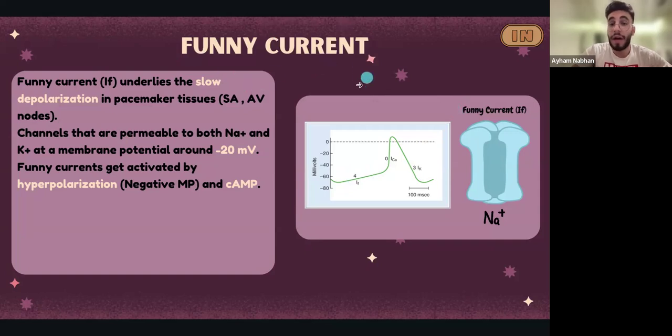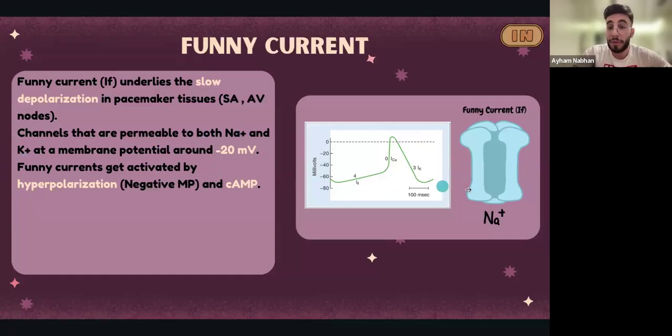These channels are permeable to two ions, sodium and potassium. So the potential of this current would be something in between, as we said previously, like -50, -20, and so on. But as we said, it's permeable to sodium and potassium.